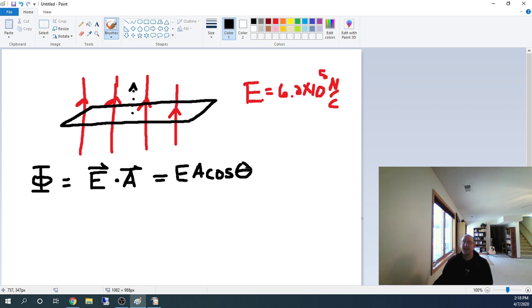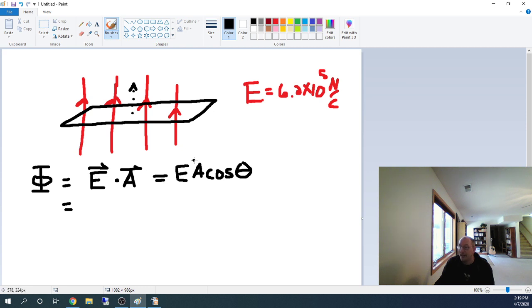That's what theta is. Now here's the deal about this. Okay, yes, I know it says perpendicular. It says the electric field is perpendicular to the surface. But remember that the area vector is perpendicular to the surface as well. So the area vector points perpendicular to the surface in the same way that the electric field does in this particular case. So the cosine of the angle we're talking about here is the cosine of 0.